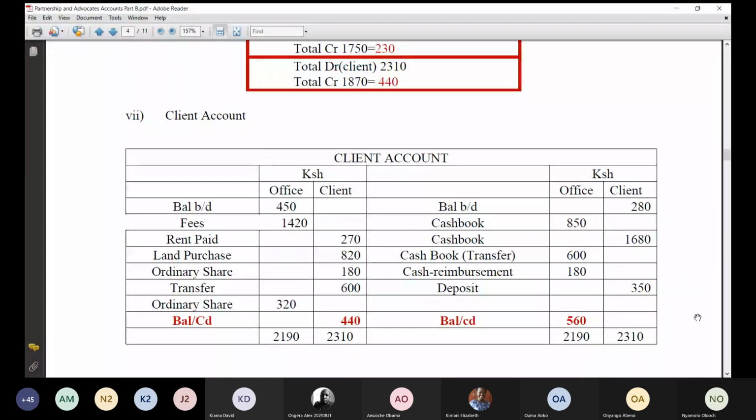So he has reduced our disbursements by 600, and he has also reduced what we owe to him by 600. That is the reasoning and how you report that. We go to the next.